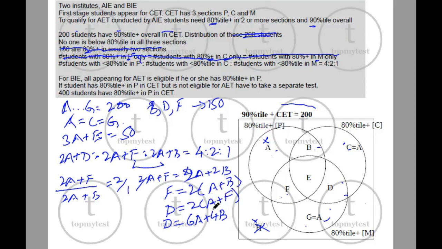If I add this here, 2A plus A will be 3A plus 2B. Double of that will be 6A plus 4B.